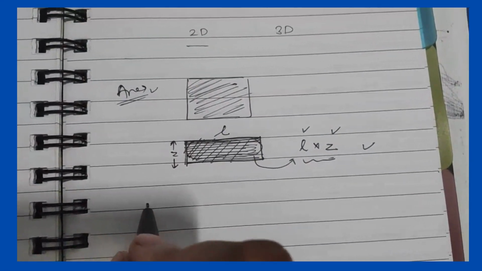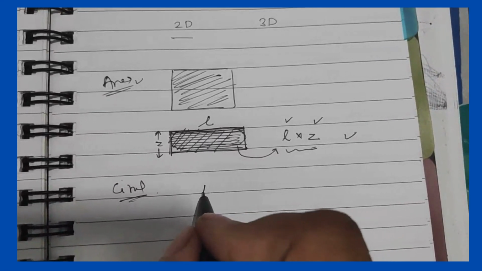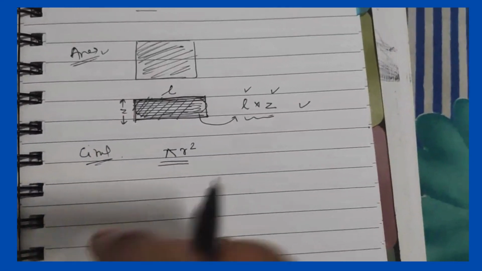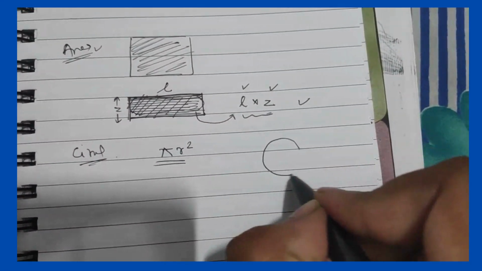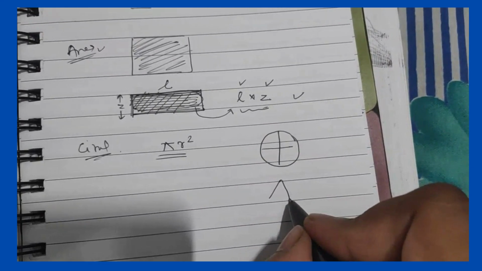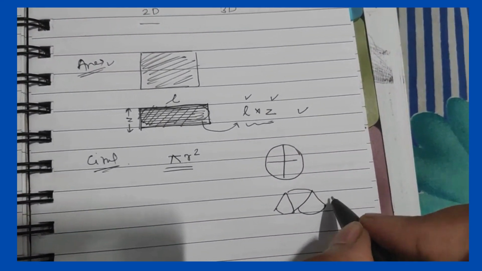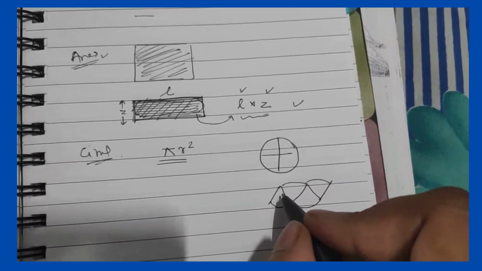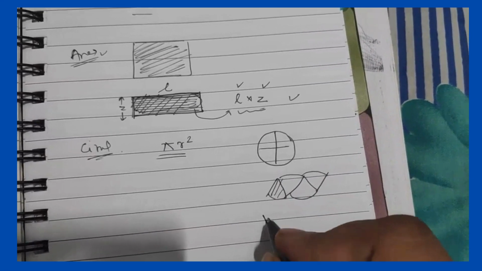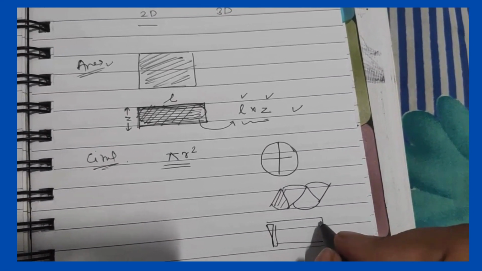Also, we know the area of a circle. We very well know that it is pi r square, and how it comes is like this: we have a circle. If I break it into 4 parts and join the broken parts like this, then cut it again into small slices, then one way or another I will find a rectangle, right?